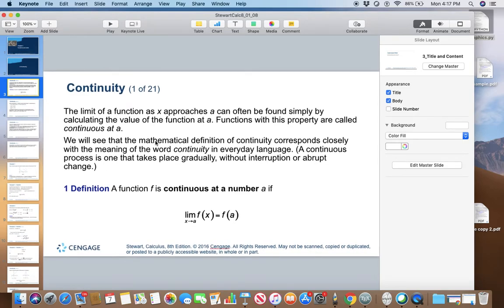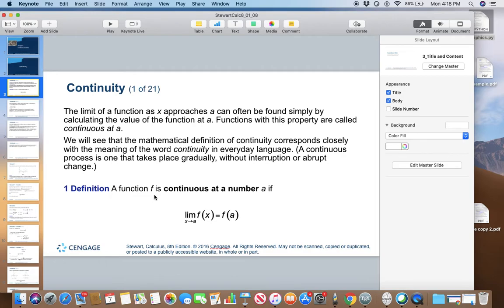We will see that the mathematical definition of continuity corresponds closely with the meaning of the word continuity in everyday language. A continuous process is one that takes place gradually without interruption or abrupt change. Okay, what's the definition of continuity?